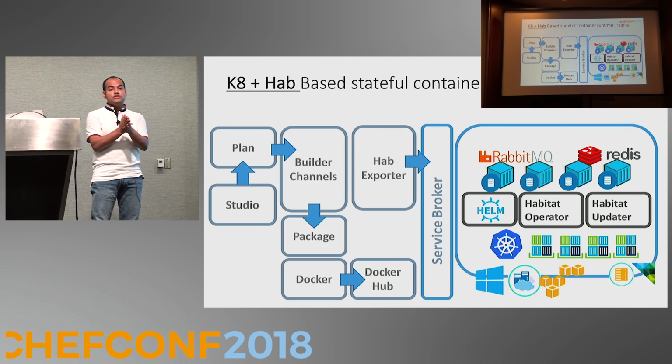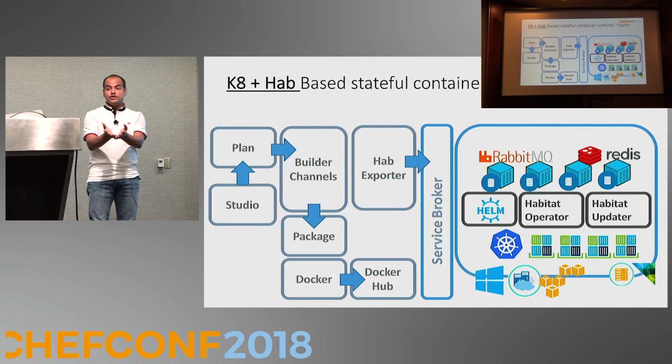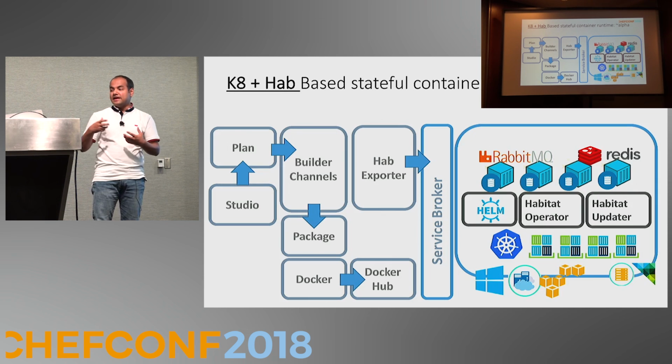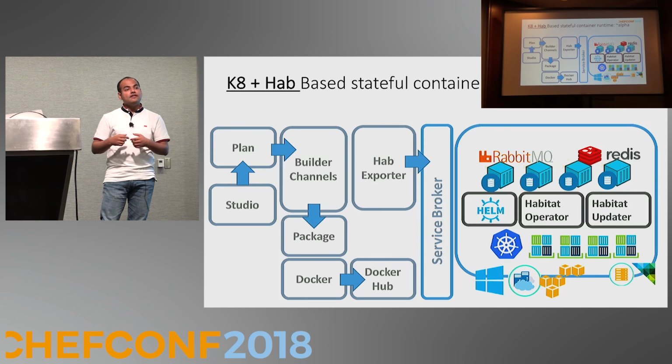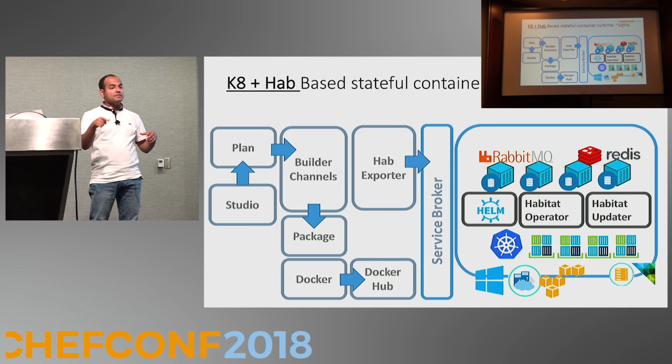From there, you can use the Habitat exporter to export into the Kubernetes format, or you can do it yourself, with the desired state, and give it to Kubernetes, and the Habitat operator will make it run for you on Kubernetes. And whenever you want to push another update, the new component called Habitat updater can make that update happen. So that's how we think all of these pieces are going to come together.